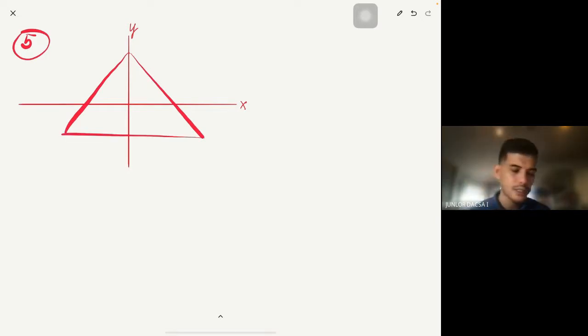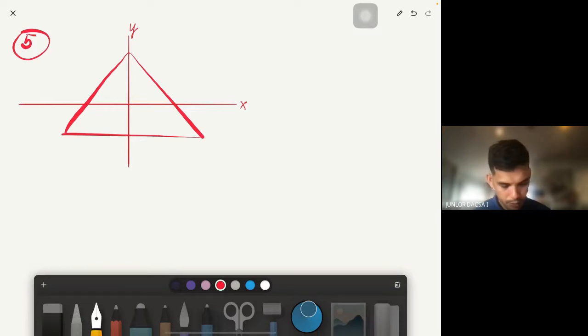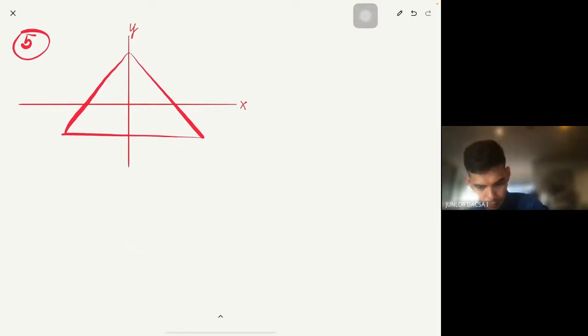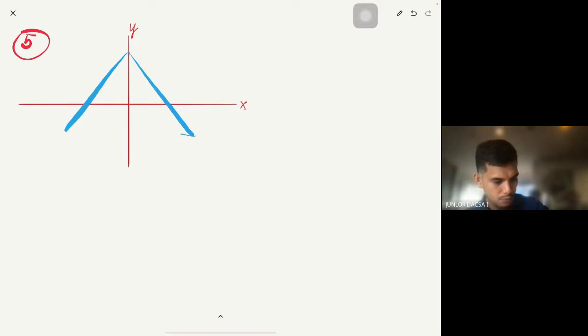So let us say this is an example of a graph, no? Sample natin graph.